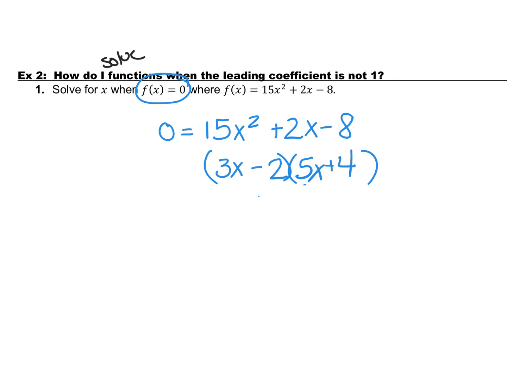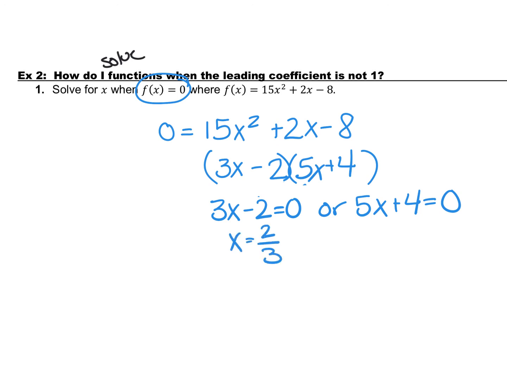We have 3x minus 2 is equal to 0, or 5x plus 4 is equal to 0. So we'll have x is equal to 2 over 3. We added 2 and divided by 3, or x is equal to minus 4 and divide by 5, so -4/5.